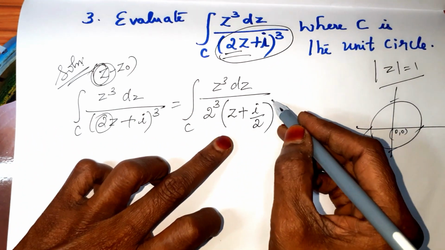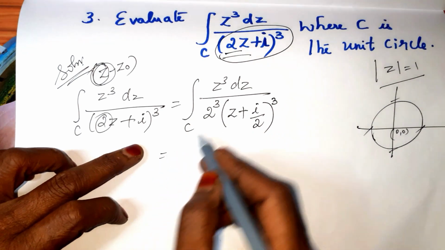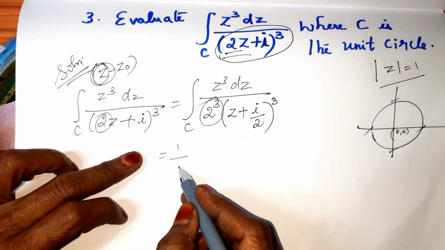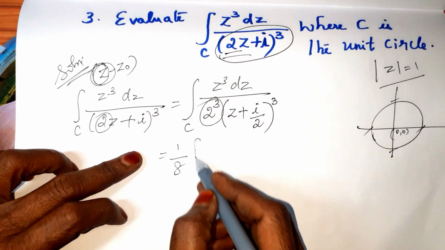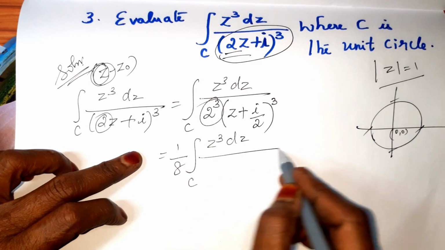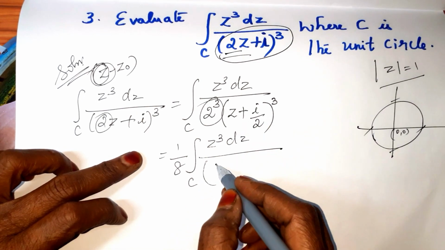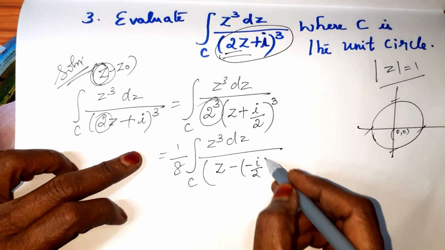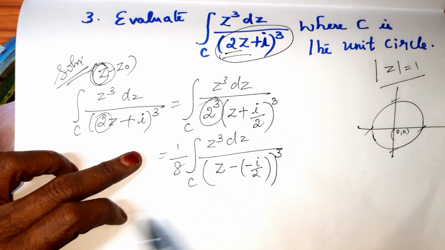So I by 2 the whole power 3. 2 power 3 is 8, that I can take outside the integration. So 1 by 8 integral over c z cube dz by, this one I can rewrite as z minus of minus I by 2 the whole power 3.